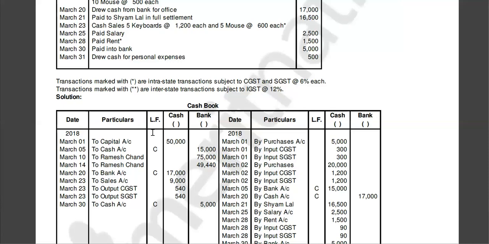Deposited into bank, so debit the receiver. So bank account debit to cash account. Bank account debit: you just place your hand in the debit side bank column and write 15,000 to cash account.